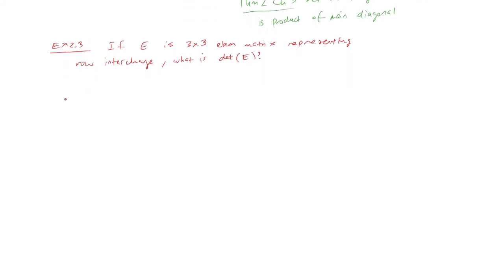Okay, so there's really 3 of these in the 3 by 3 case. We could interchange the first row and the second row. We could interchange the first row and the third row. Or we could interchange the second row and the third row.